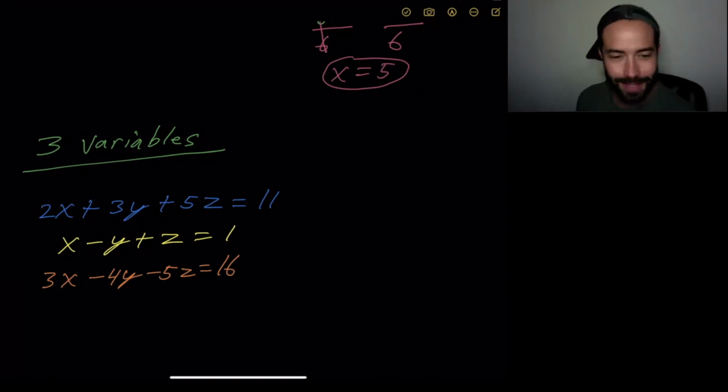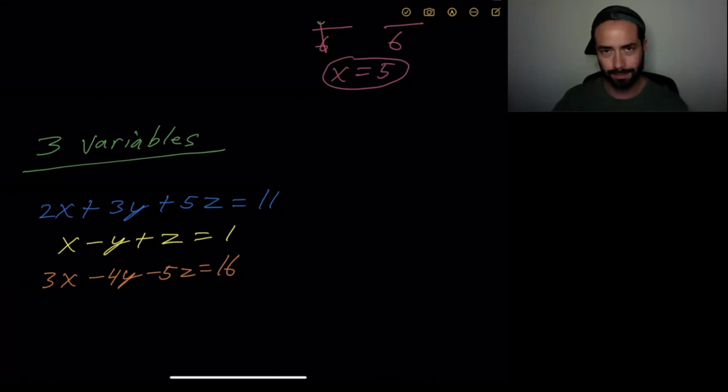Elimination. All right. So what you do is you look at this and you say, okay, what can I do to combine two of the equations together so that at least one variable cancels out?